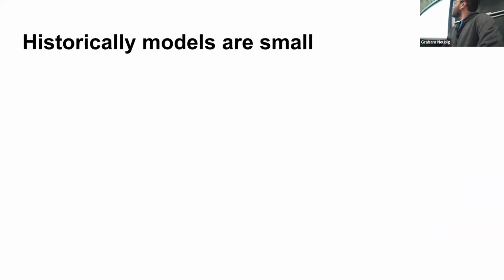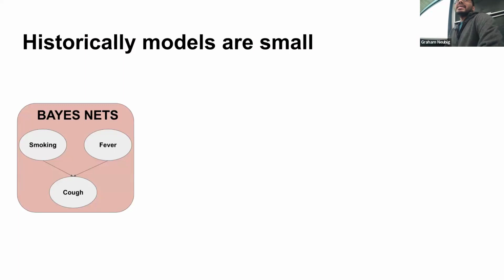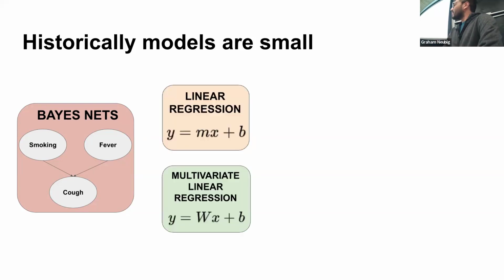So historically we've been dealing with really, really small models. We had Bayes nets. This is a very small model. If all these are binary variables, this is 8 total parameters, and only 4 of which are independent. We also used to work with linear regression a lot. In the first case, that's a nice line, which can be 2 parameters.